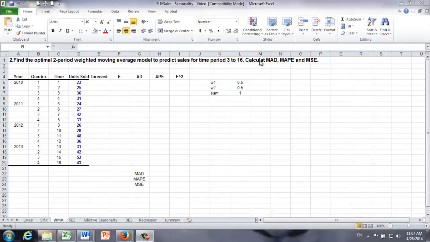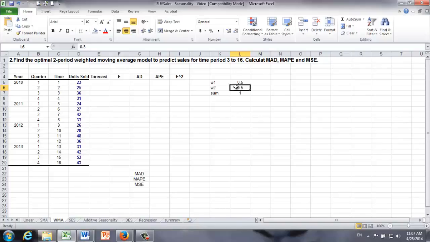Here we are using a 2-period weighted moving average, so we're going to have two weights, W1 and W2. But we don't know the optimal values for W1 and W2. All we know is that the sum of those two numbers has to be 1, and of course, W1 and W2 have to be non-negative.